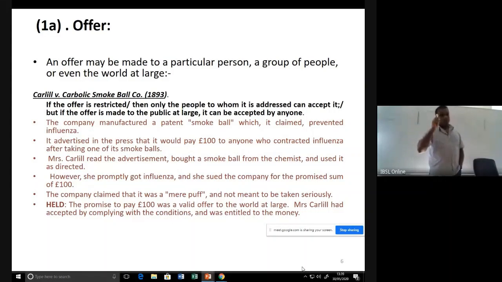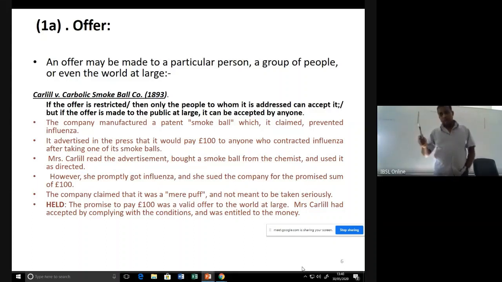If an offer is addressed to a particular person, this is very important, I believe you are noting down these things, right? Only that person can accept the offer. For example, if the offer is addressed to Kamal, only Kamal can accept.